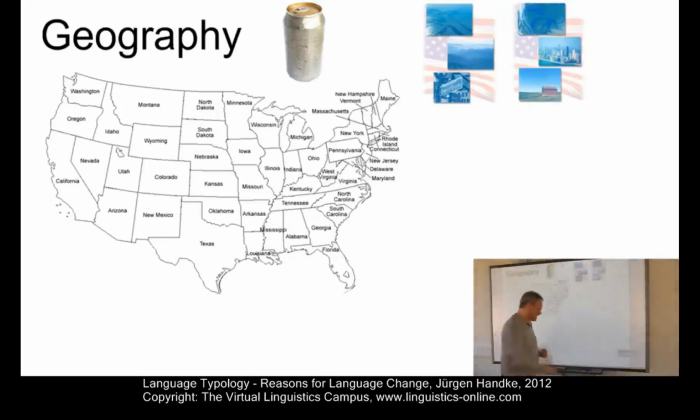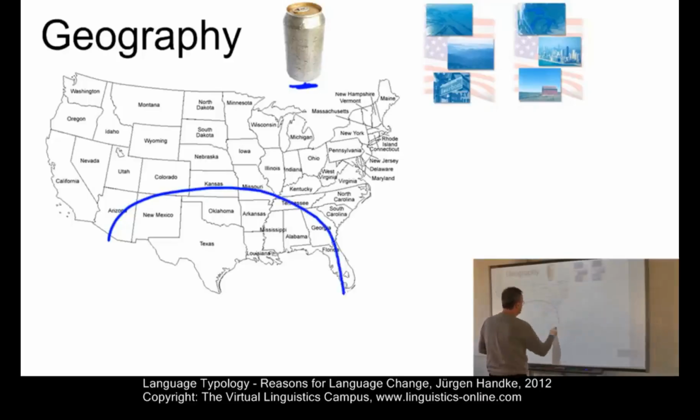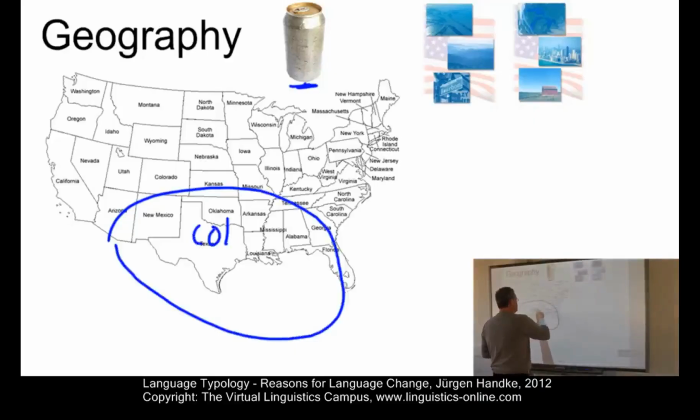When people want to buy a carbonated drink to quench their thirst, what would they say when they order it? Would they ask for a soda, a pop, a Coke, or something else? Well, quite interestingly, in the South, roughly this part here, the generic term Coke is used because that drink is predominantly used.